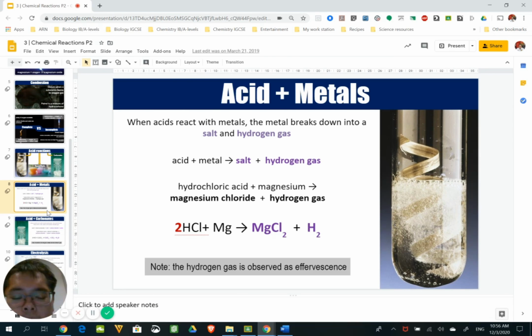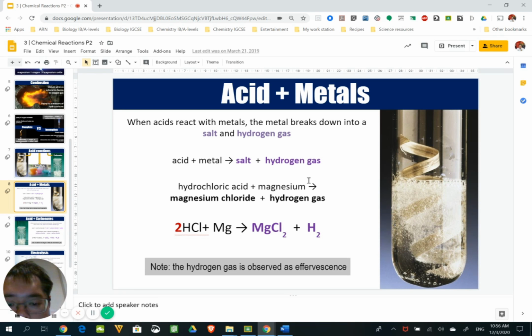Now, we will not be doing the acid and bases, but we will do the acid, metals, and carbonates to concentrate on, yeah? Okay, so an acid reacts with a metal to form a salt and hydrogen gas. So if you can see over here, your acid and your metal are both reactants. The salt and hydrogen gas are your products.